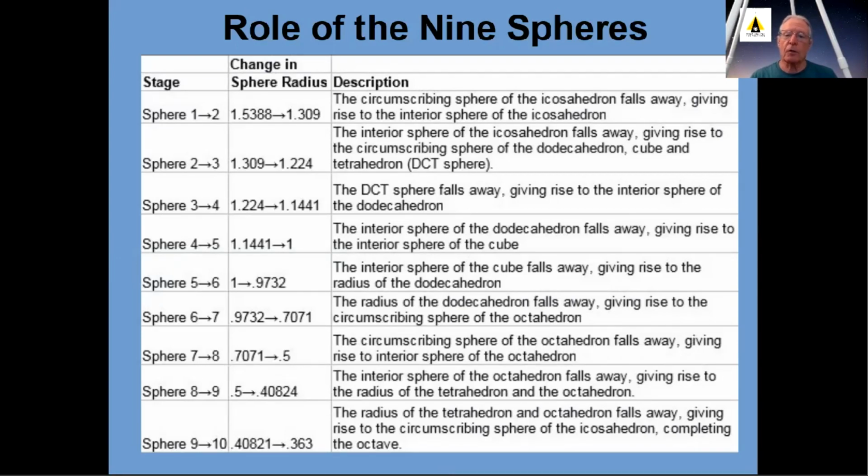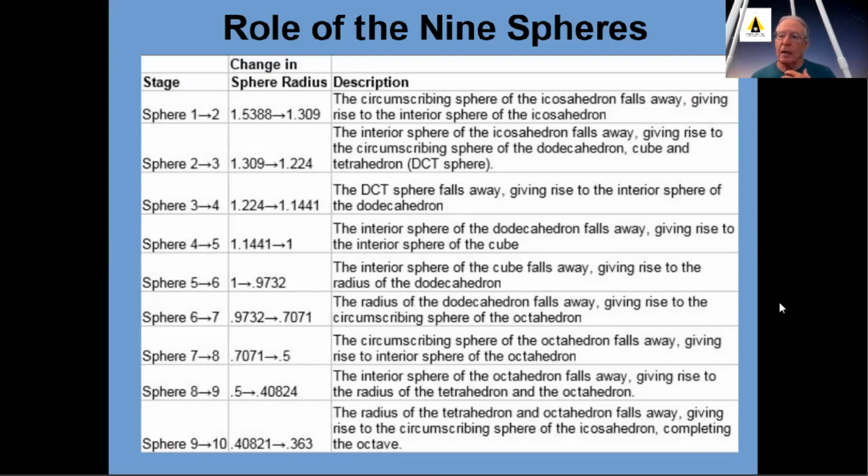Then the interior sphere of the dodecahedron falls away, giving rise to the interior sphere of the cube. That falls away, giving rise to the radius of the dodecahedron, which in turn falls away, giving rise to the circumscribing sphere of the octahedron, giving rise to the interior sphere of the octahedron, giving rise again to the radius of the tetrahedron and octahedron, and finally that giving way to the rise of the circumscribing octave sphere of the icosahedron.